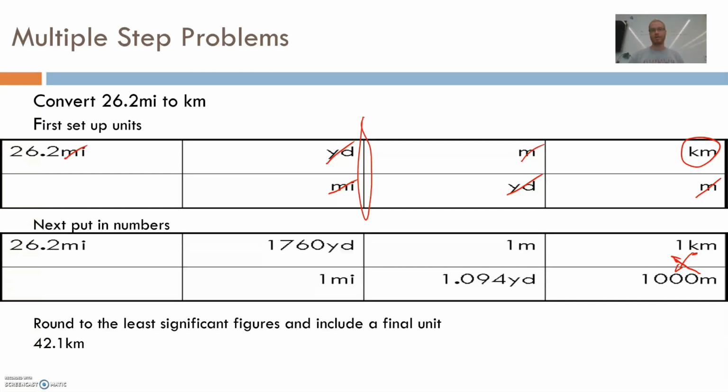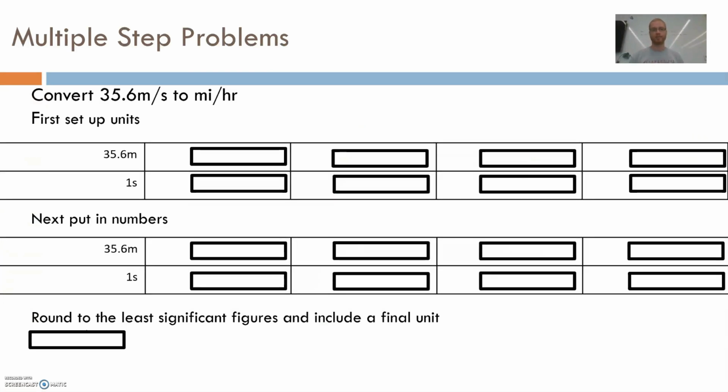Next type of multiple step problem uses what's called derived units. Notice we have 35.6 meters per second. Well, that's not just one unit. That's a couple different units combined together. It's meters divided by seconds. And where the unit comes from is dividing meters by seconds.